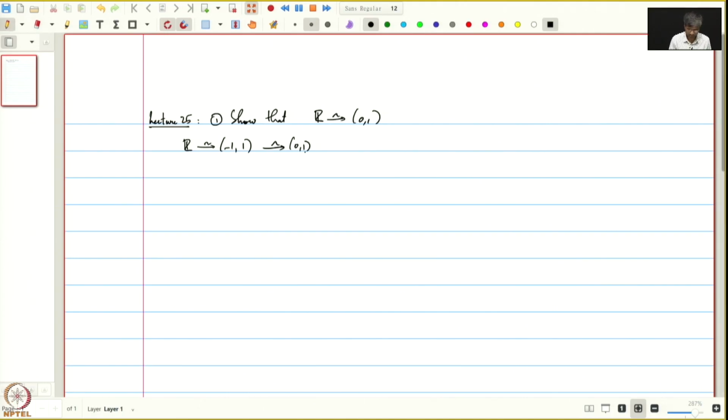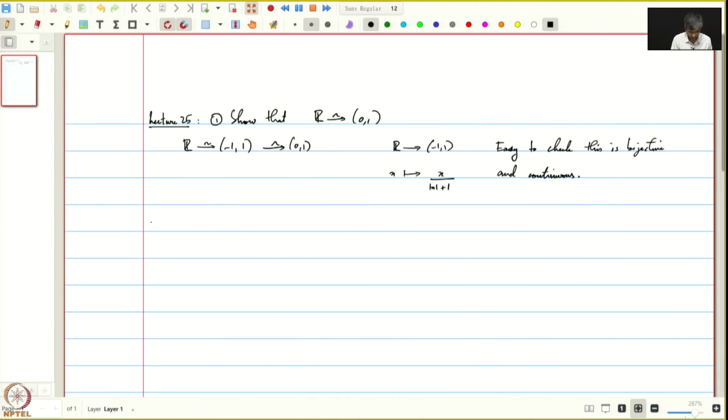Okay, so let's give a map from R to (-1, 1). So we simply send x to x divided by |x| plus 1. Easy to check, this is bijective and continuous, right?